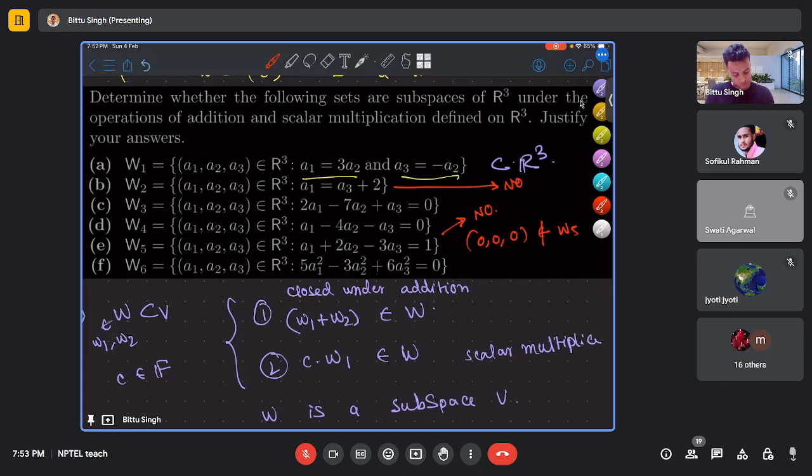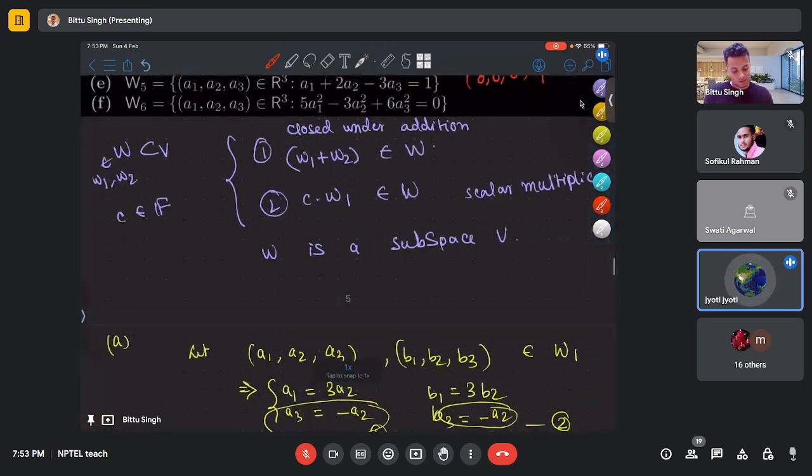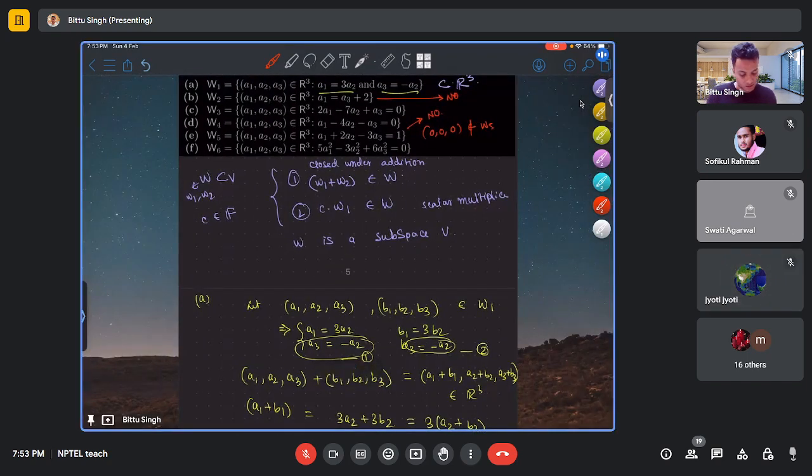What about F? For F, (0,0,0) satisfies, but linearity doesn't seem to satisfy here. Let us check if linearity is satisfied or not.